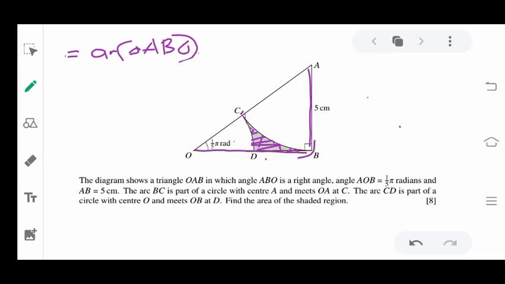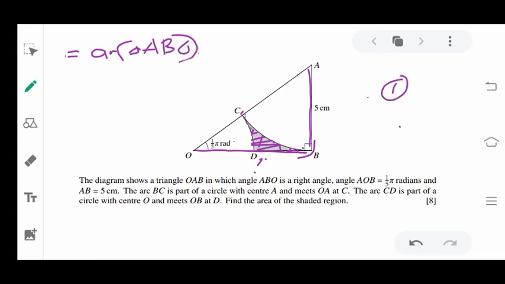And as it is a right triangle, we can use the trigonometrical ratios directly. If you use tangent, we can find the length OB, so that we can find the area of triangle ABO. So that is the first concept we have to use.